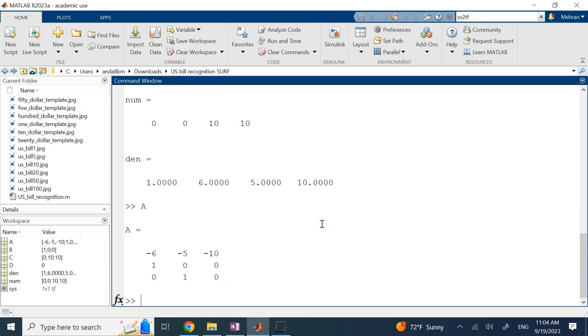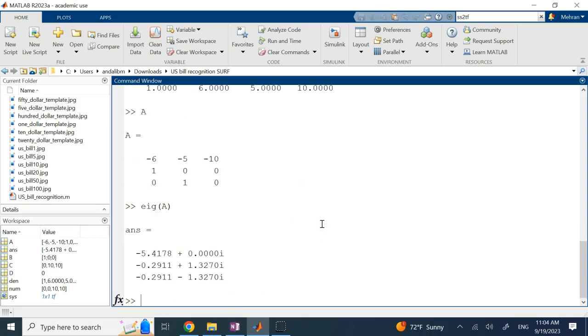That's matrix A, remember. If I say what are the eigenvalues of A, it says one is negative 5.41 and the two others are complex conjugates, right? But as you can see, the real parts of all of them are negative. That means the system is stable.